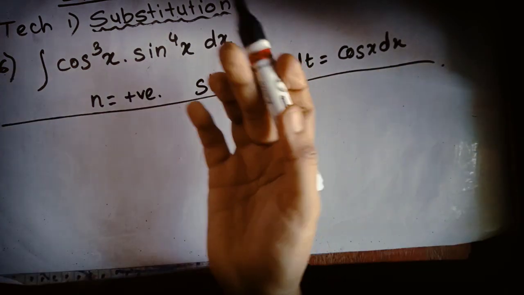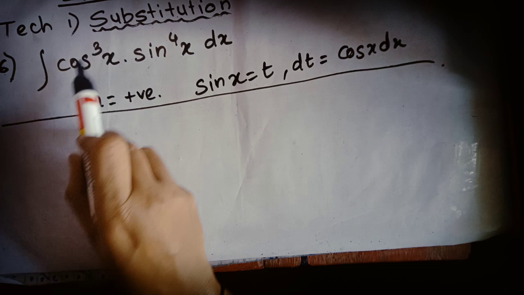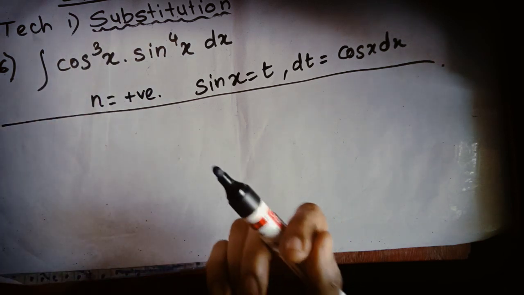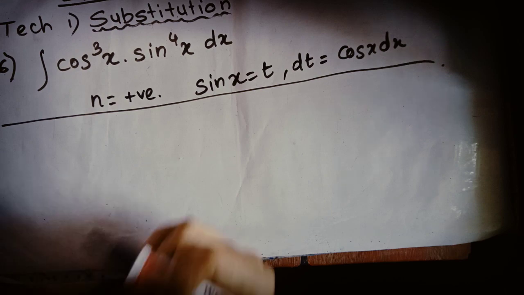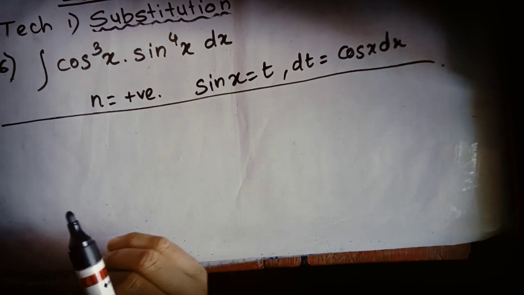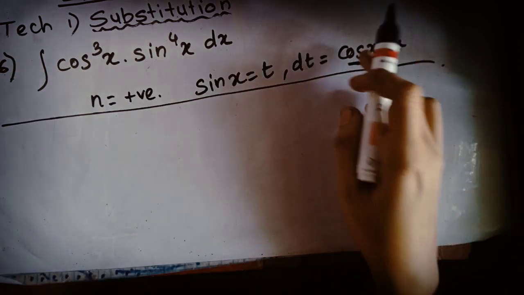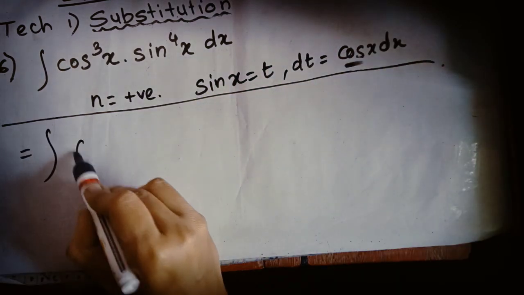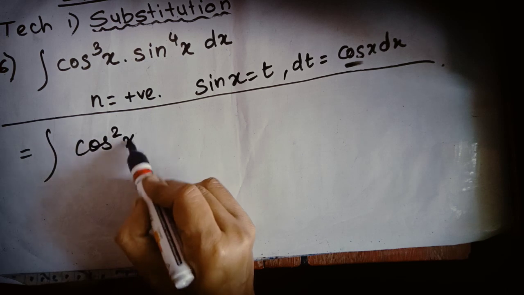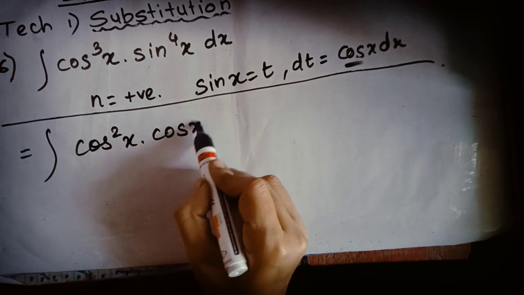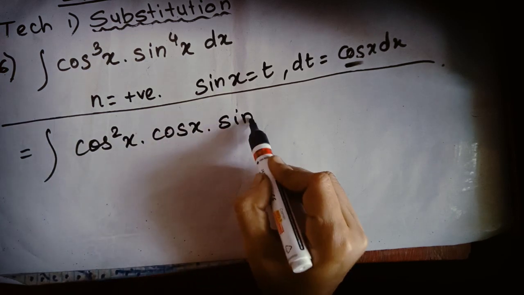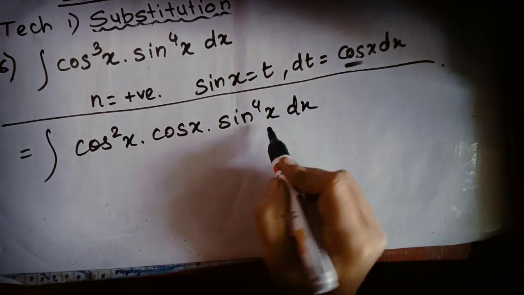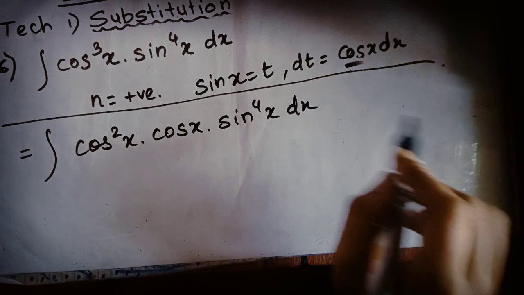So before substituting, you have to reduce this, that is, it is in the cube form, right? So we need to reduce it to some square form or the cos form, because we have to substitute, right? So cos cube, you can write it as cos square x into cos x into sine raised to 4x dx.